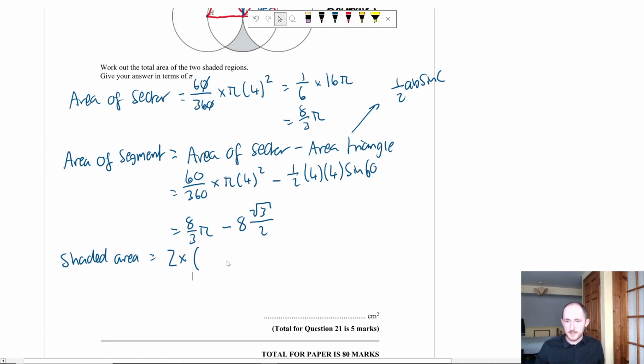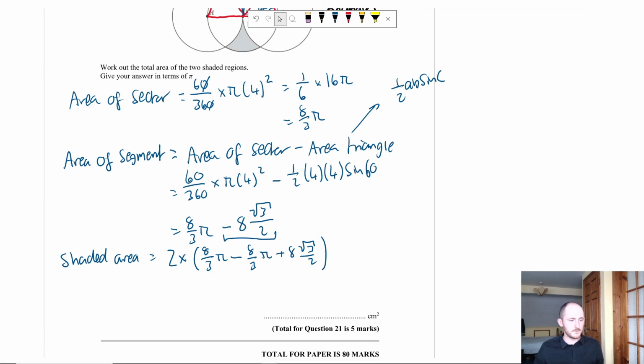So it's the area of a sector minus 2 times the area of a segment. Okay? Minus. Now if I minus this, I get minus 8 over 3 pi. But then remember, the sign flips for this side and it becomes plus 8 root 3 over 2.